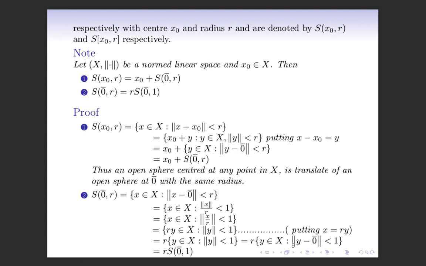Then this can be written as r times the set of all y's in X such that norm of y minus 0 vector is strictly less than 1. And by definition of open sphere in a normed linear space, we can write it as r times open sphere with center 0 and radius 1. So, from these two results, we can say that if we want to use any open sphere in a normed linear space, then we can use an open sphere with center 0 and radius 1.